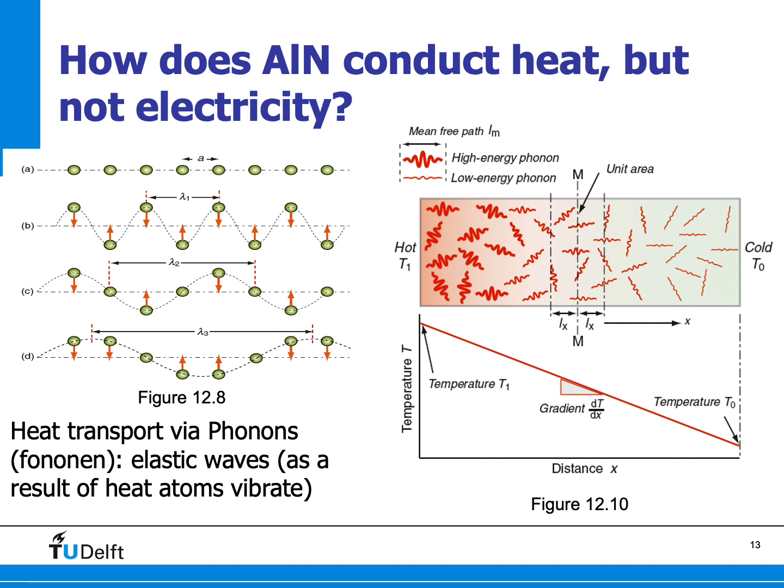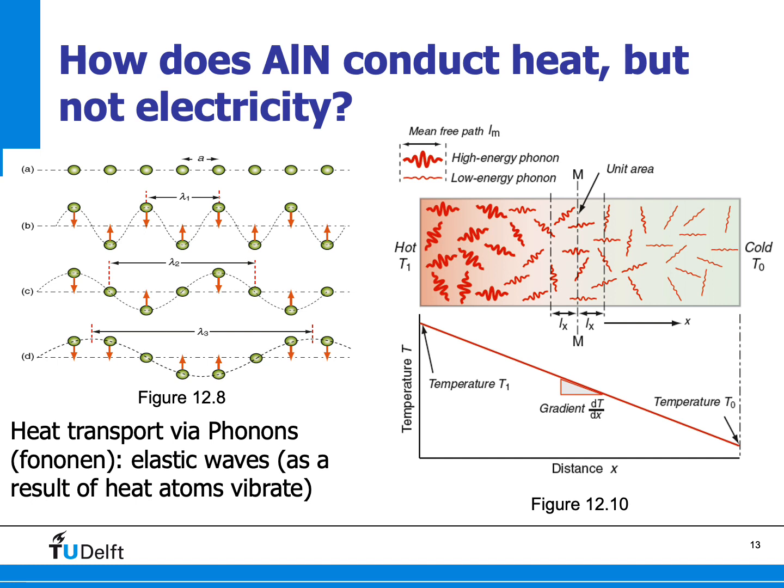You can imagine that the atoms are connected by some imaginary springs, and due to this bonding between the atoms you will have elastic waves that appear as a result of the heat that is being introduced into the material.